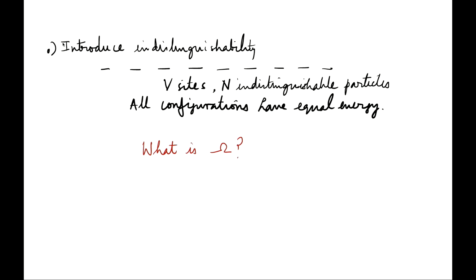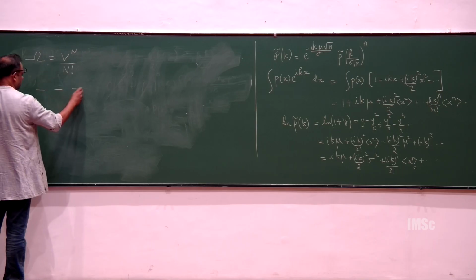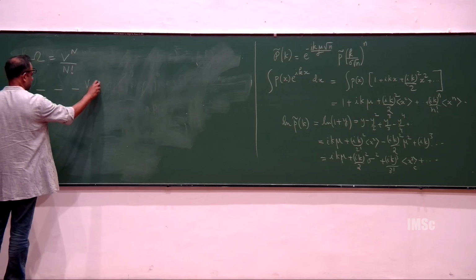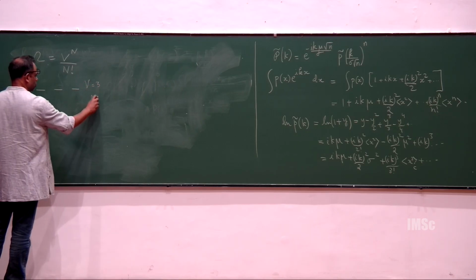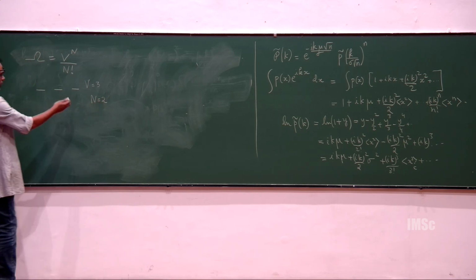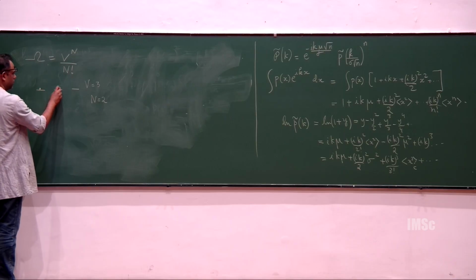So one answer is V power n by n factorial. Any other answer? Let us take V equal to 3: 1, 2, 3. And let's put n equal to 2 so that we can count them. One case is one particle here, one particle here.